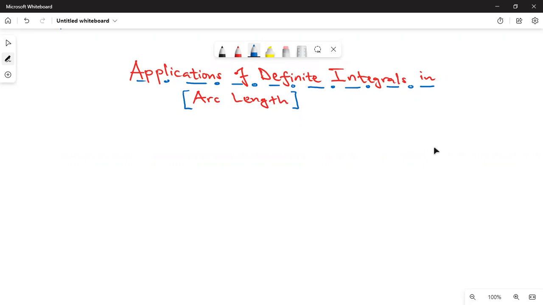So let's consider the graph of the function.